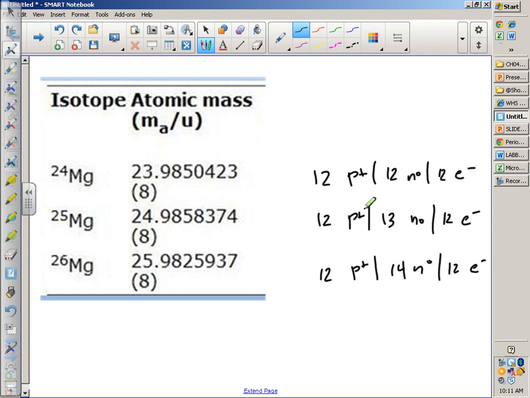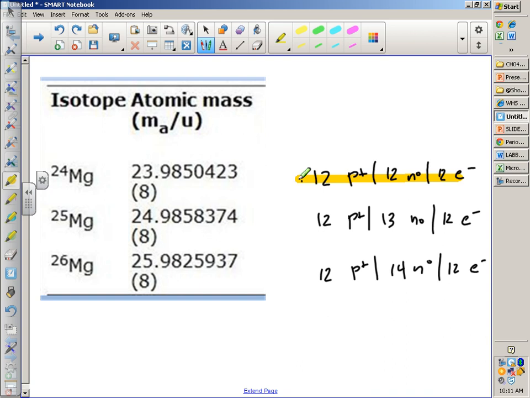Magnesium-24 has how many protons, how many neutrons, how many electrons? 12, 12, 12, right?